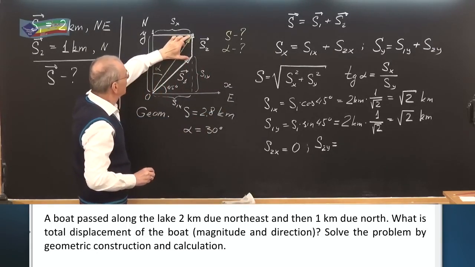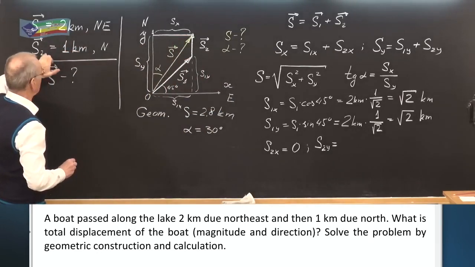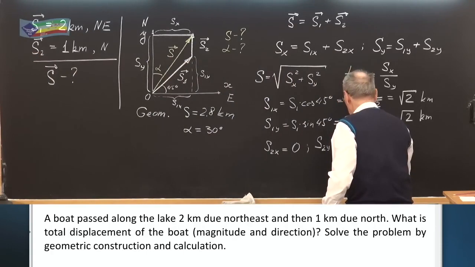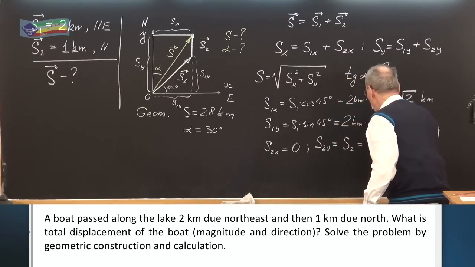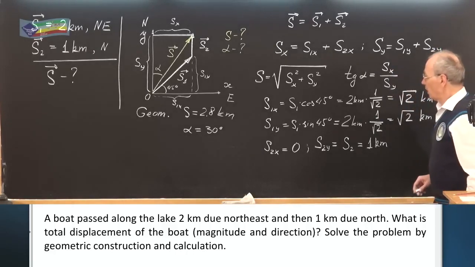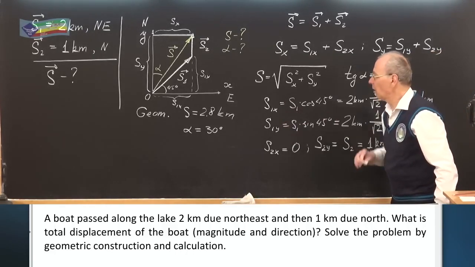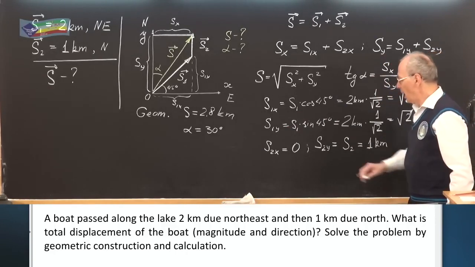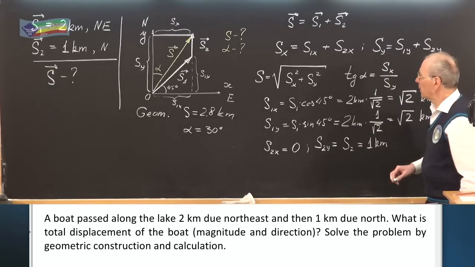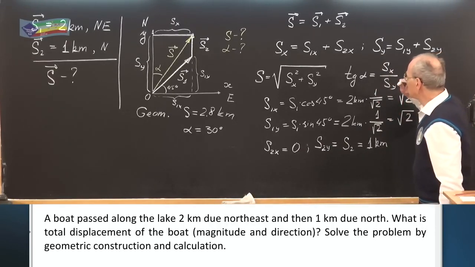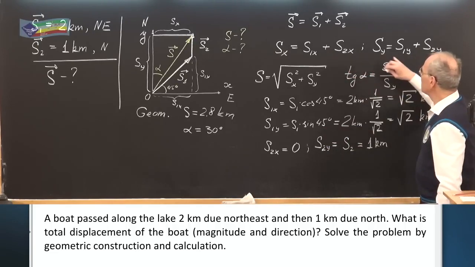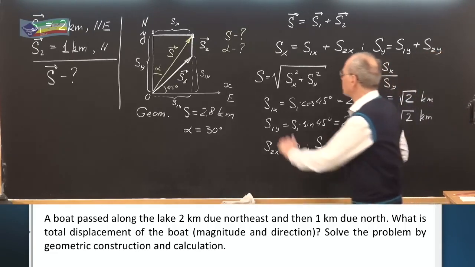It equals the magnitude of S2, which is 1 kilometer. So we have two components of S1 vector and two components of S2 vector, and we can now substitute them into these two formulas.